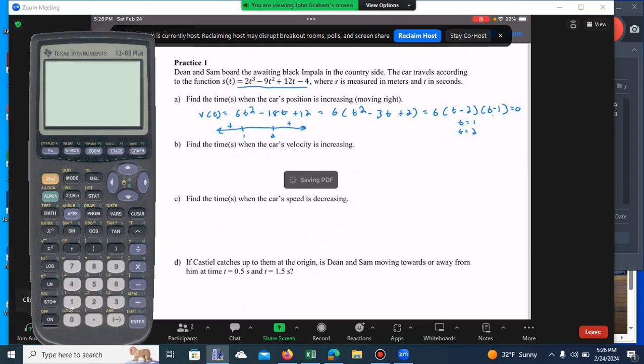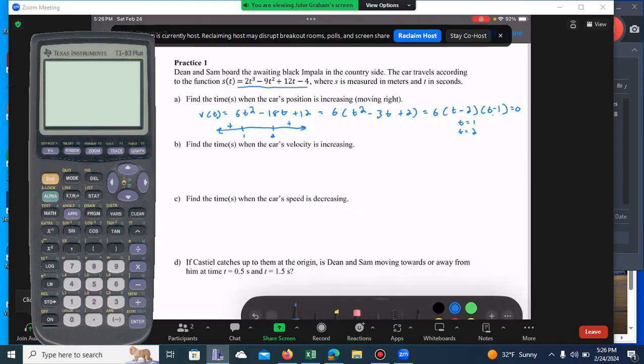So again, it's moving to the right when it's positive, so it's going to be before 1 second and after 2 seconds.